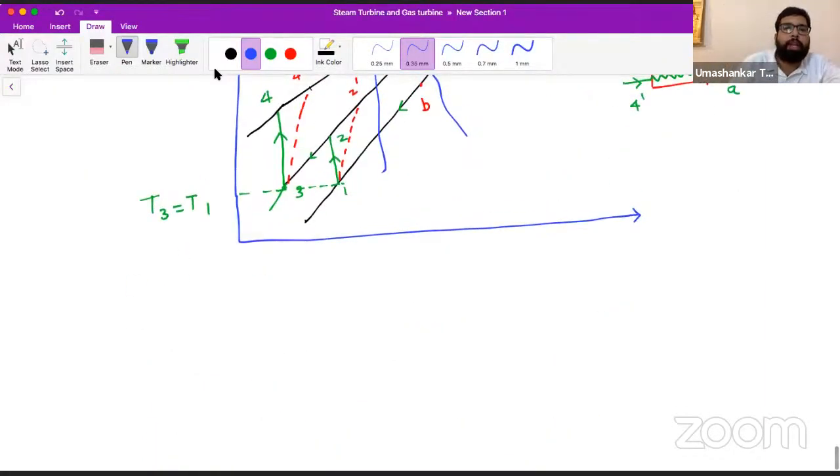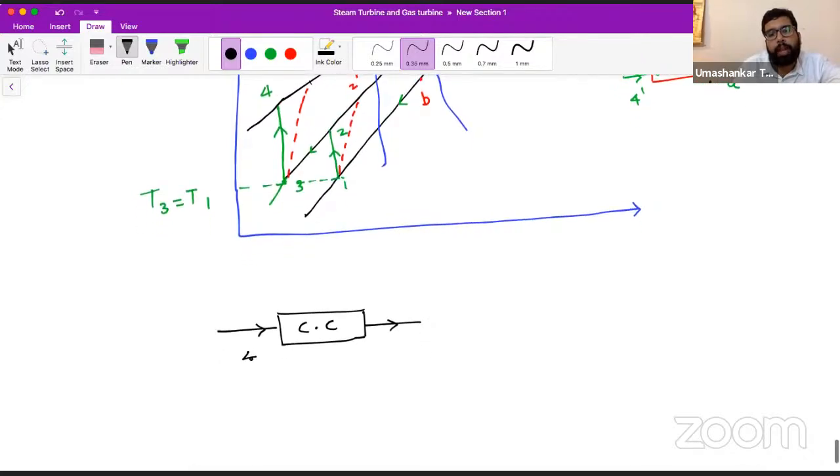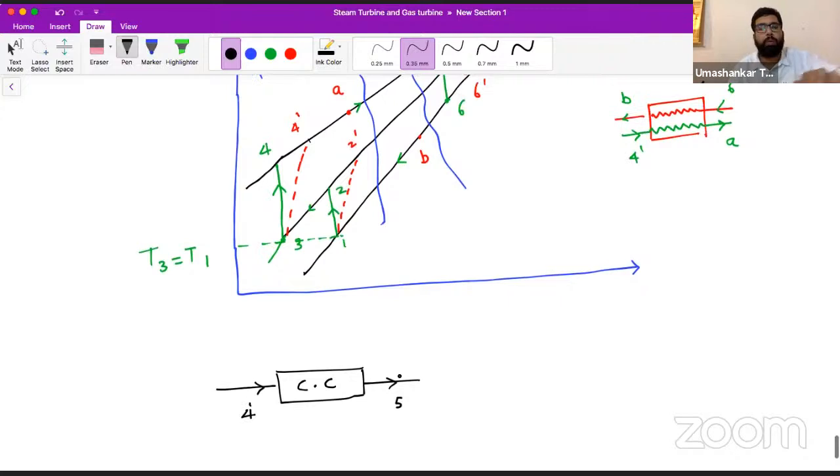So if we have to find the air fuel ratio, we have to apply the energy balance of the combustion chamber. Entry to the combustion chamber is at 4 dash, and exit is at 5.